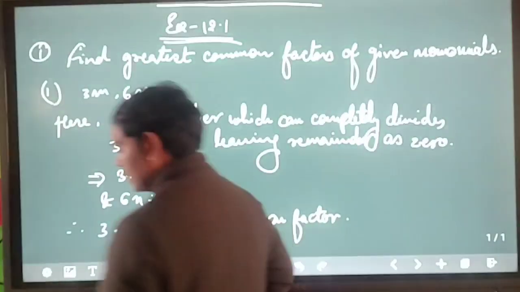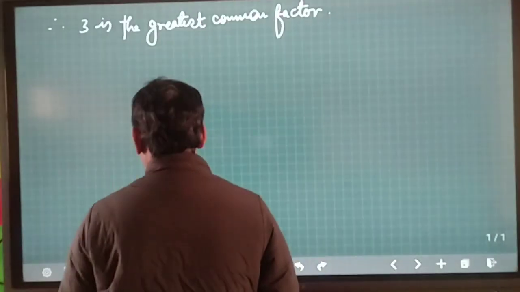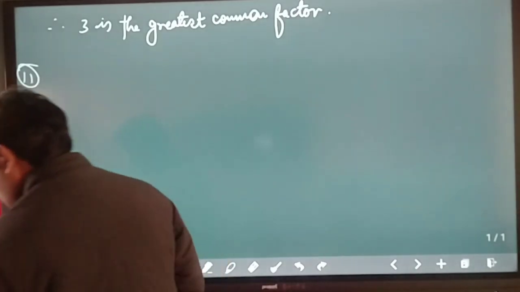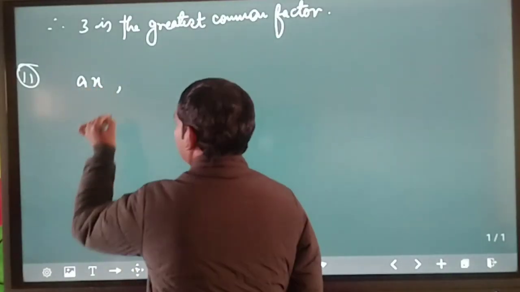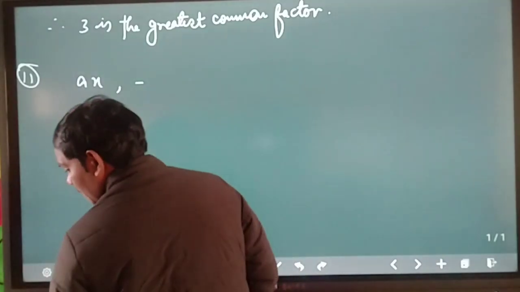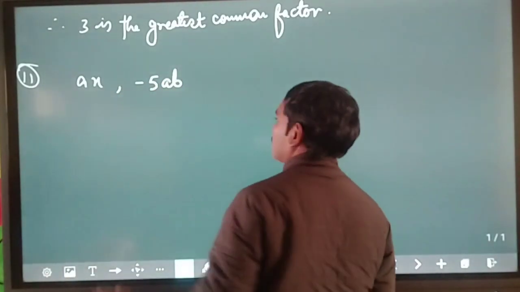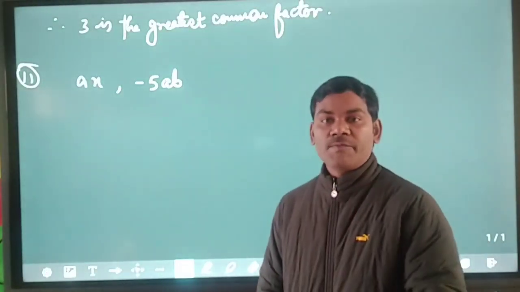Now let us see one more question. The second question is ax and minus 5ab. This is your question, and we have to find the greatest common factor.